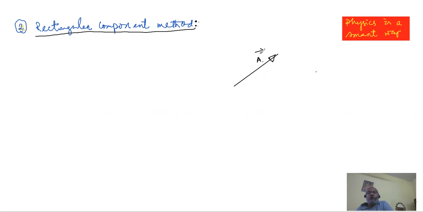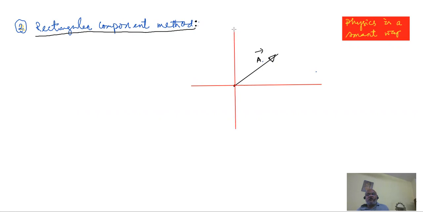Okay. And we do one thing. Better take the tail. You can take the head, but better take the tail. We try to draw our standard X and Y axis. In which way you take the X axis, it is not obligatory that X will be horizontal or something like that. X may be in any direction, but mind it, X and Y and Z have to be mutually normal.